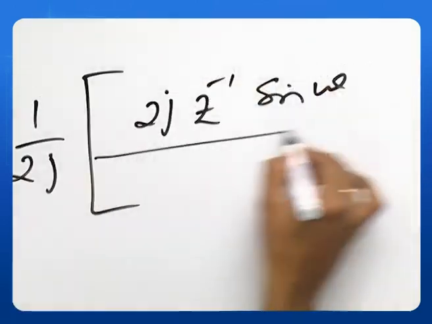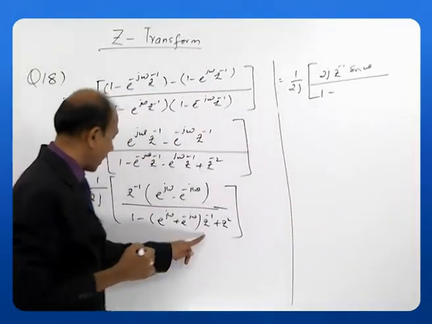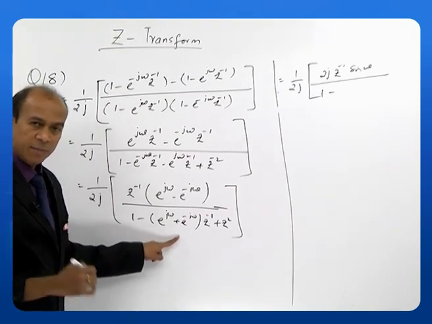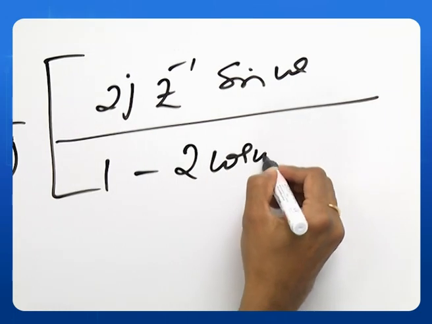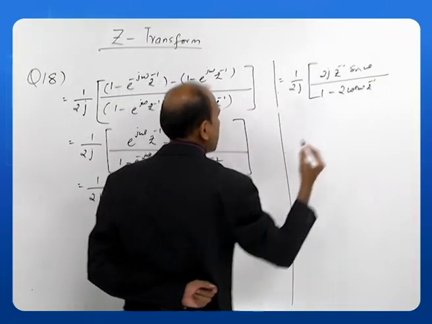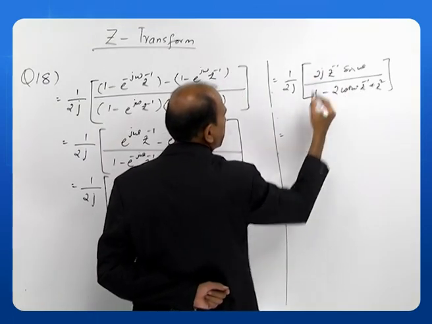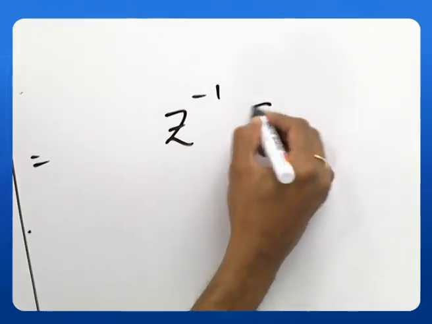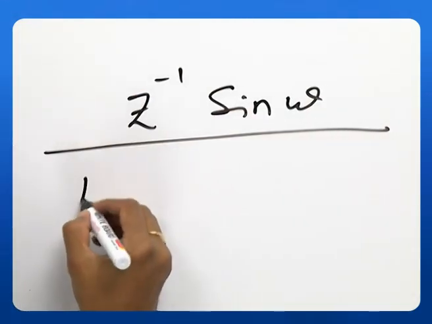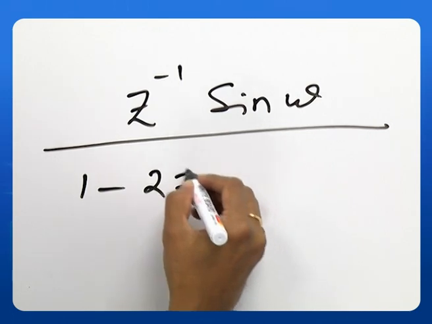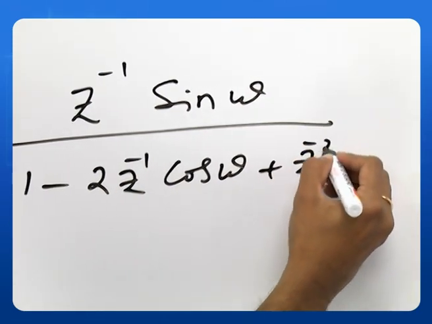Divided by 1 minus, as you see here this is cosine, but you have to divide by 2, so this will become 2 cos ω z^{-1} plus z^{-2}. So dividing, that will become z^{-1} sin ω divided by 1 minus 2 z^{-1} cos ω plus z^{-2}.